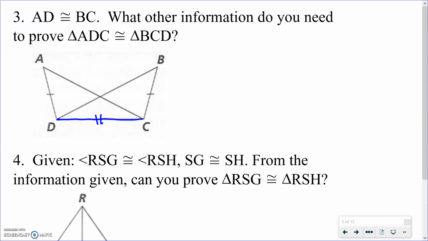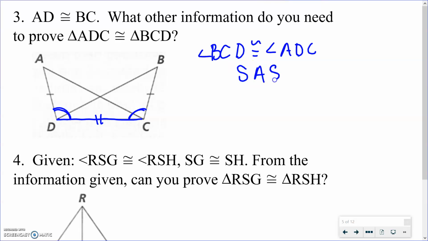We could ask for angle BCD to be congruent to angle ADC, and that would then be congruent by side, angle, side, because there would be a side, an angle, and then a side, and then the same side, angle, and side.